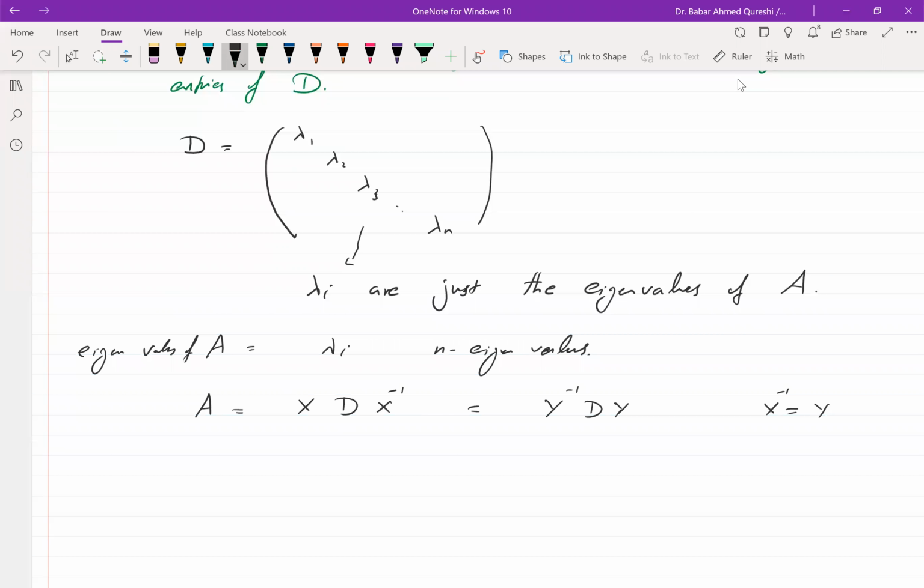Write X inverse on the right hand side or write it on the left hand side. It doesn't matter. There's just some matrix which you have to multiply from the left, and its inverse you have to multiply from the right. So in this decomposition, this matrix D consists of the eigenvalues of A.